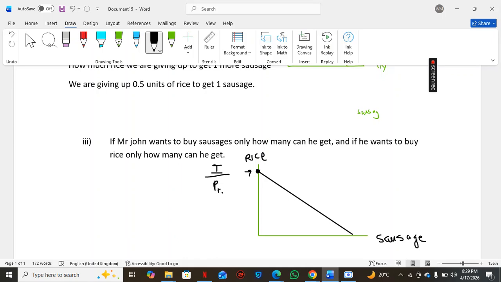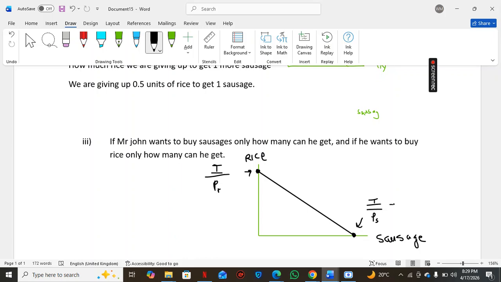Then here, this is our x-intercept. This represents how much sausage you can get if you don't buy any rice. And that is the income over the price of sausage. This is how you get these intercepts, colleagues.